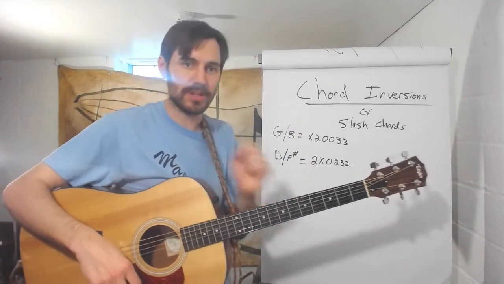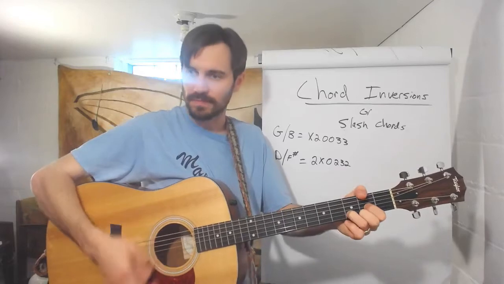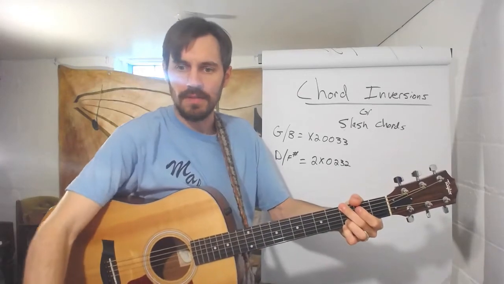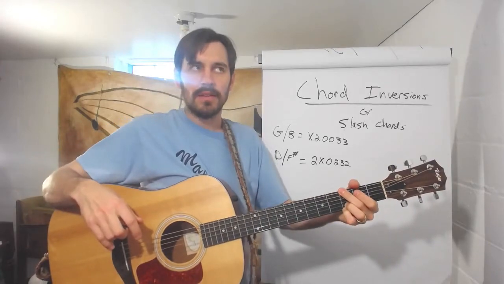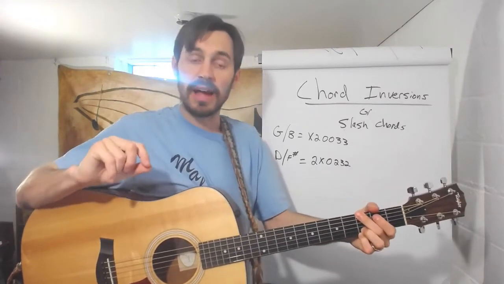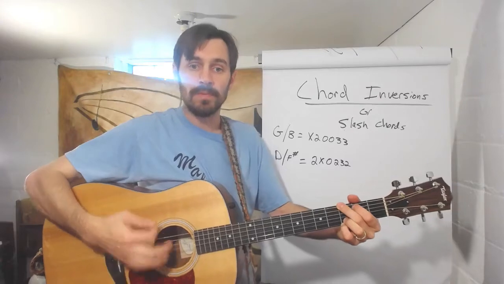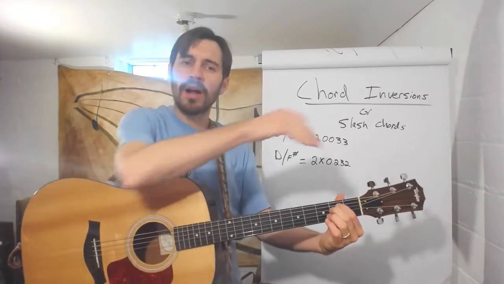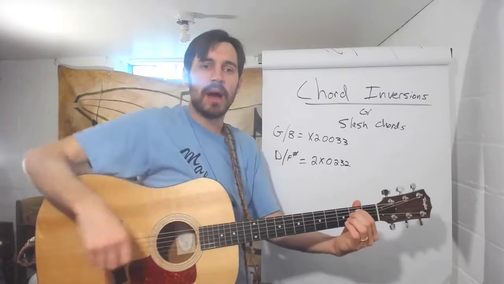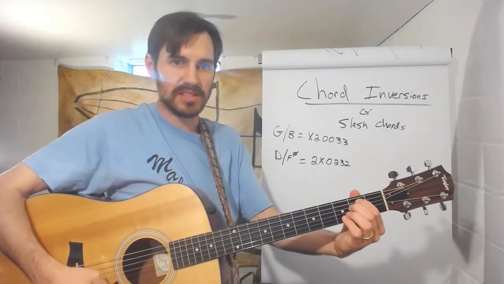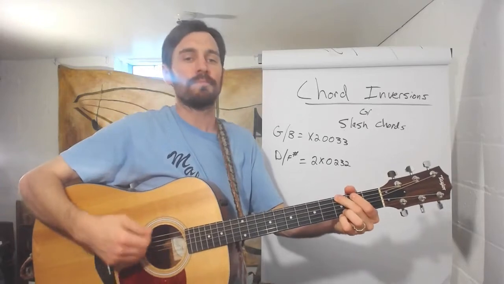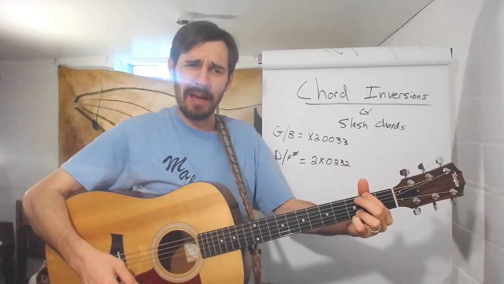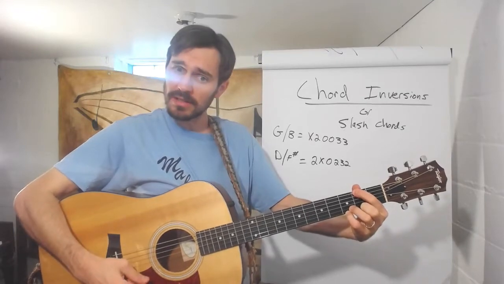And we can do it in a couple different keys too. All right? And the other spot I might use this, actually, some of you might know, is like a little walk down to the E minor, or to the 6. Okay, E minor is the 6 of G. And I might do like a G with the F sharp in the bass.